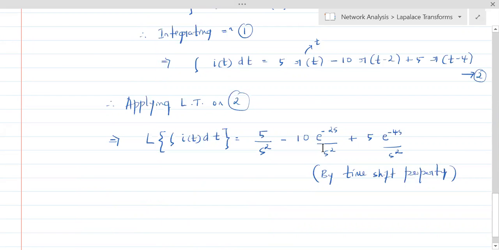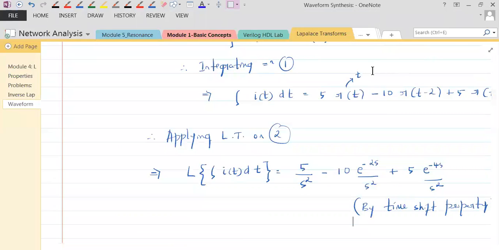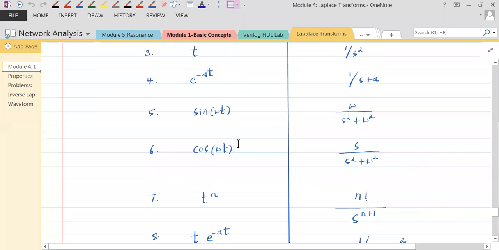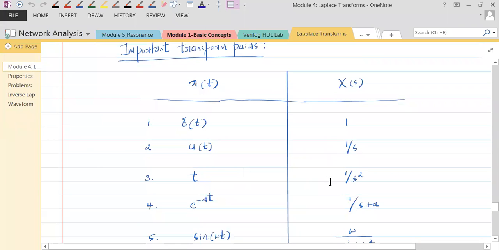If you're still not comfortable, you can go to the standard transforms: if you have u of t, it is 1 by s; if you have t, it is 1 by s square. What is t?